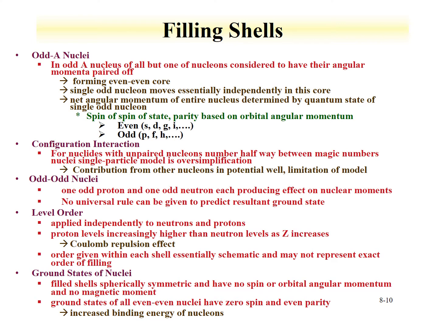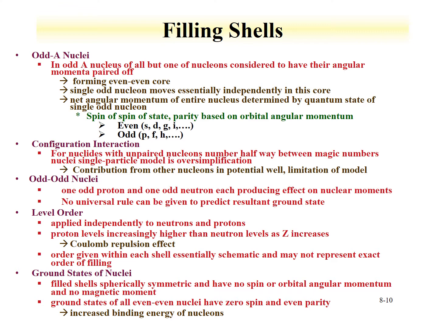So the nucleons fill the shells in the shell model from lowest to highest energy. And as we already discussed, an odd A nucleus with one unpaired nucleon will provide the property of the nucleus. It'll basically have some sort of even core with one unpaired nucleon.